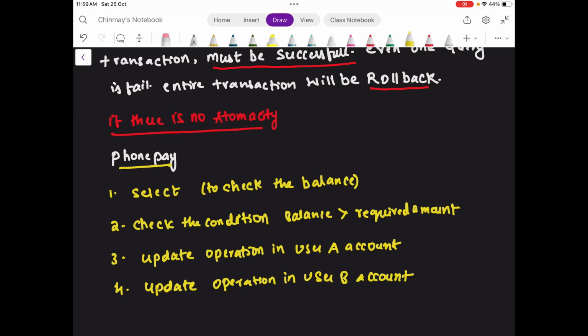Okay, let's imagine, it begins a transaction, you are sending the amount. Suddenly your internet connection drops, or your PhonePe crashes. What happened?